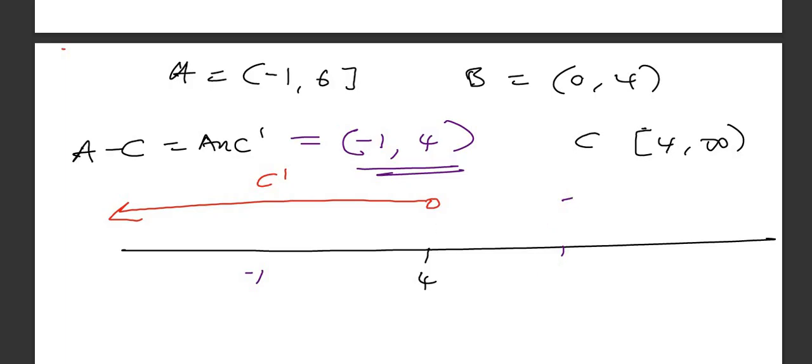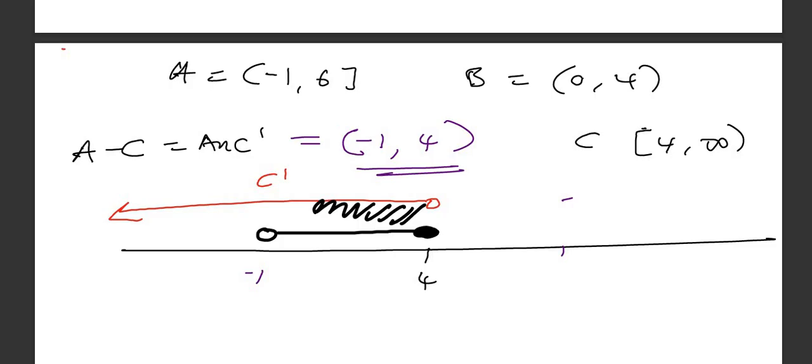Okay, so if we take it from here, they want the intersection, right? So if they want the intersection, it simply means that 4 is not going to be included.